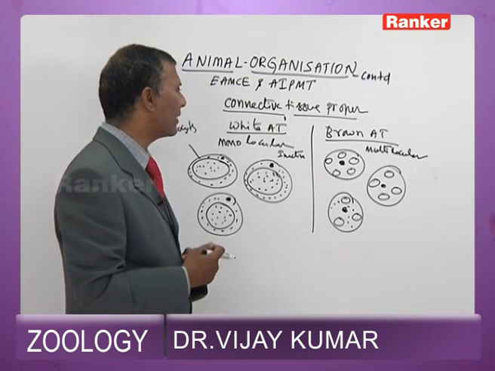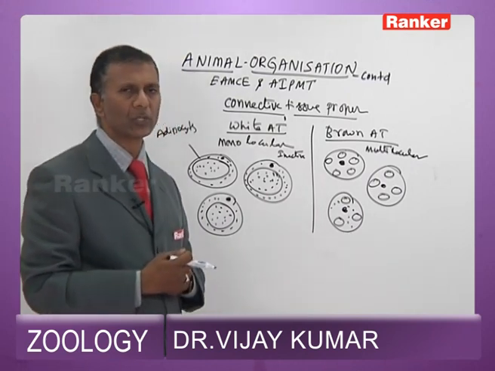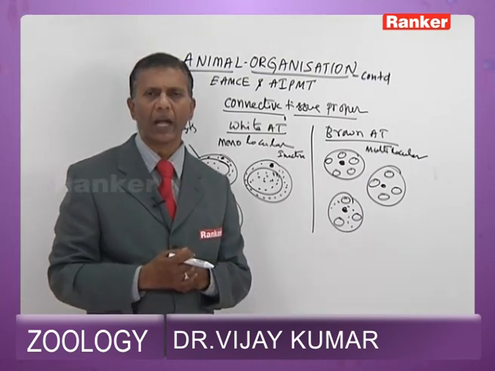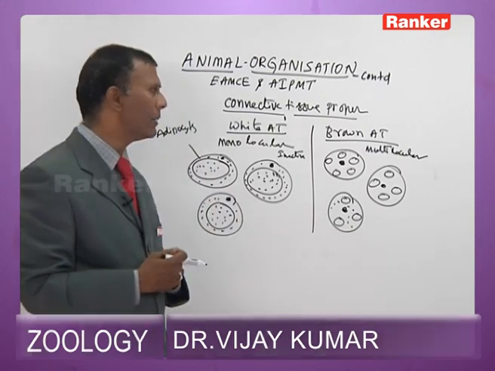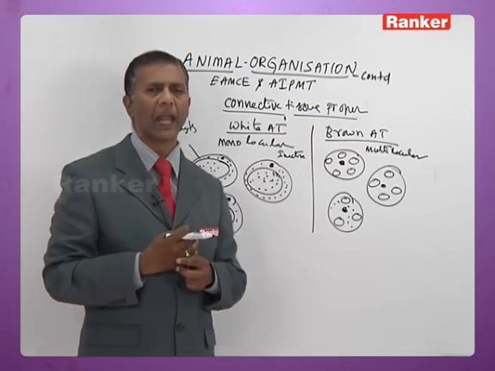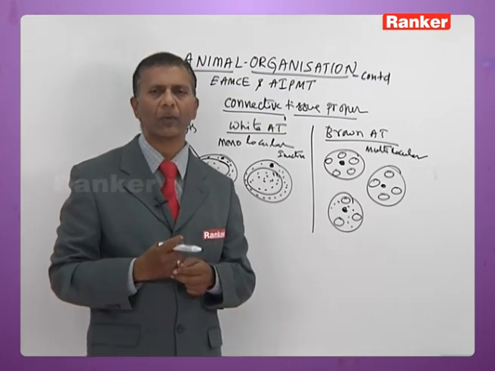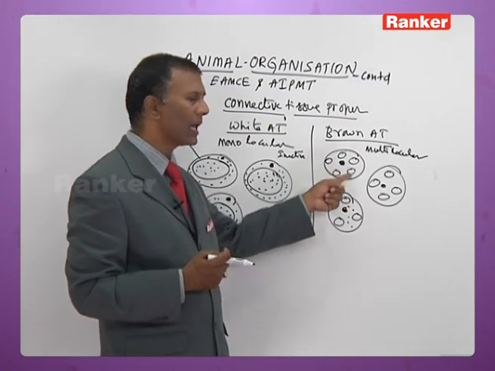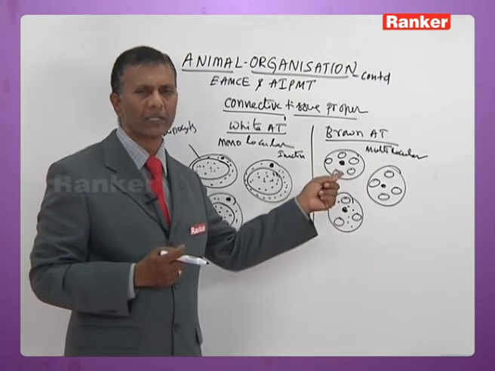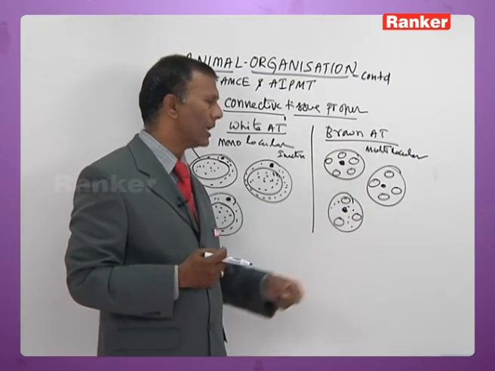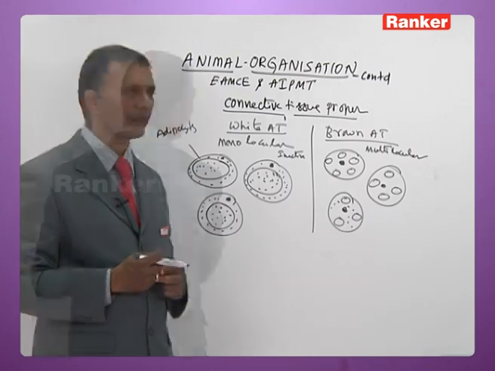White adipose tissue is referred to as metabolically inactive tissue, whereas brown adipose tissue is metabolically active tissue. It is brownish in color because of rich blood supply, because of numerous blood vessels.